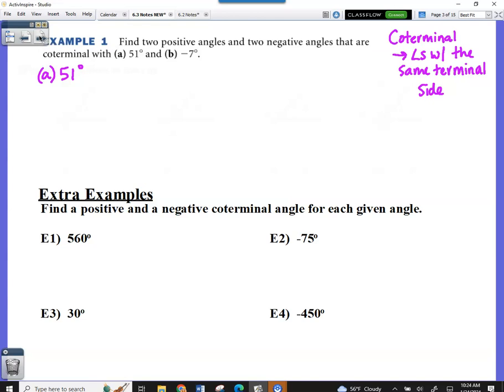So if I need 2 positive, I would take 51 and do plus 360 the one time, right? And then I can take that and add another 360 to get another angle. What's 51 plus 360? 411 degrees. Then you would take 411 and add another 360 to get a second positive coterminal angle.